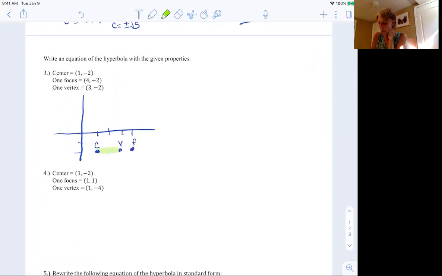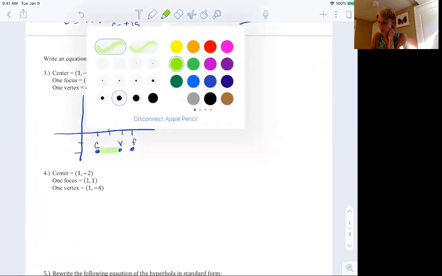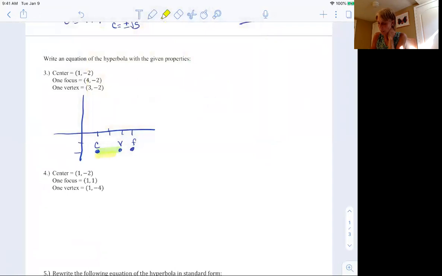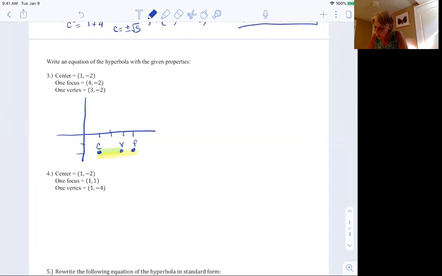This distance is your A value. This distance is your C value. So the distance from the center to the vertex, A, is going to be 2. And the center to the focus, 1, 2, 3, C is going to be 3.